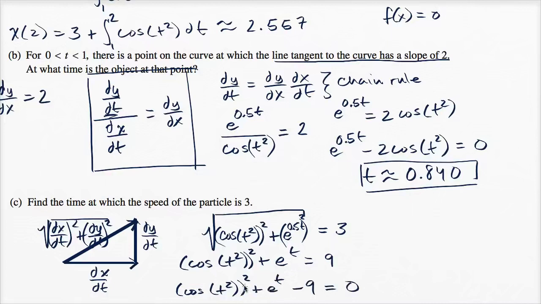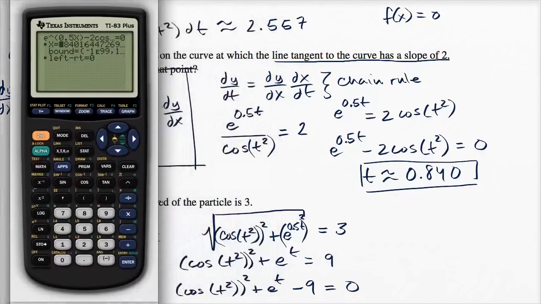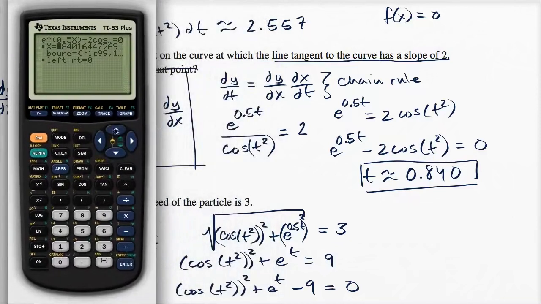And now, once again, in this part of the AP exam, we can use our calculators. So let's use our calculators to solve for, in this case, t, but I'll do everything in terms of x. So the equation 0 is equal to, let me just delete all of this to get it out of the way. It's equal to cosine, and I'm going to use x as my variable.